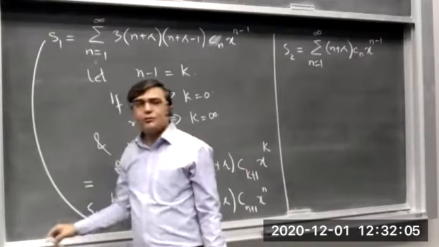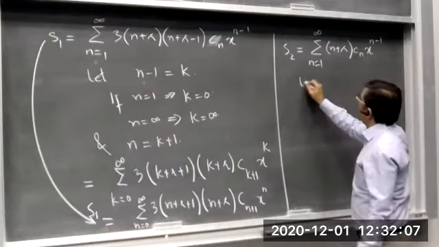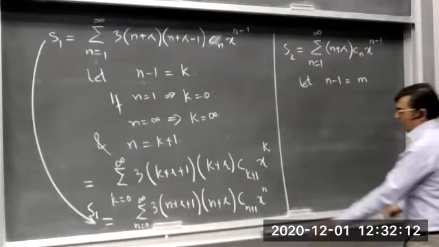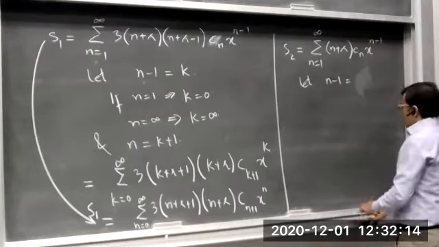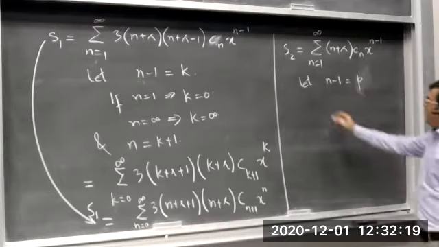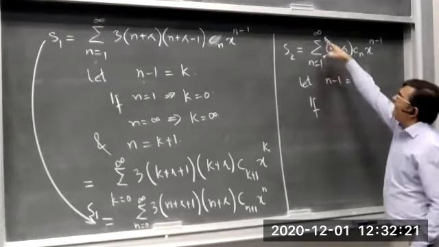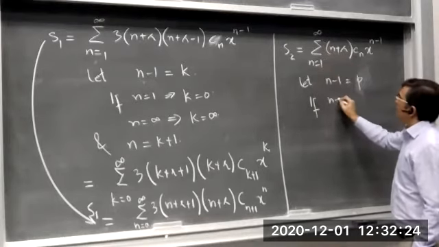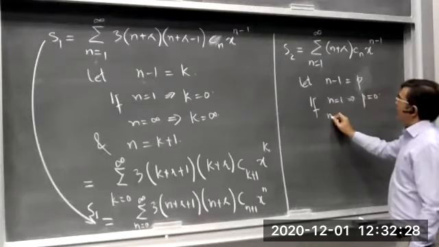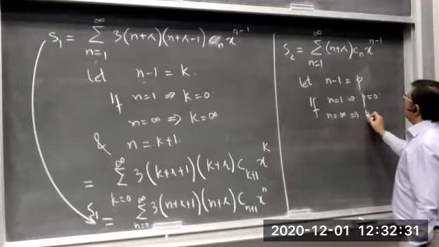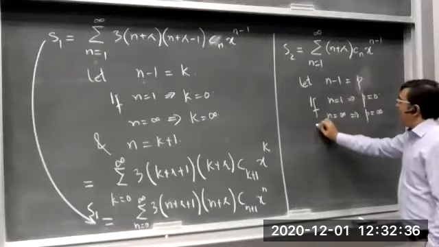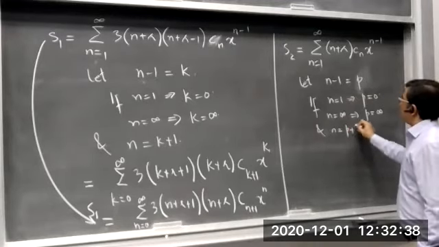Now again, let n minus 1 be m, or any index, say p. If n starts from 1 to infinity, n equal to 1 gives p equal to 0. If n is infinity, p is infinity. And n is p plus 1.